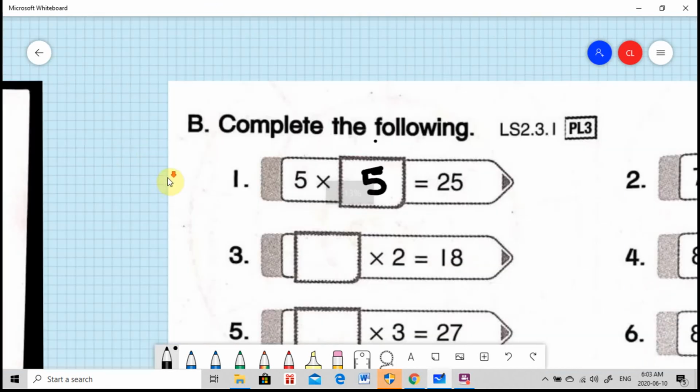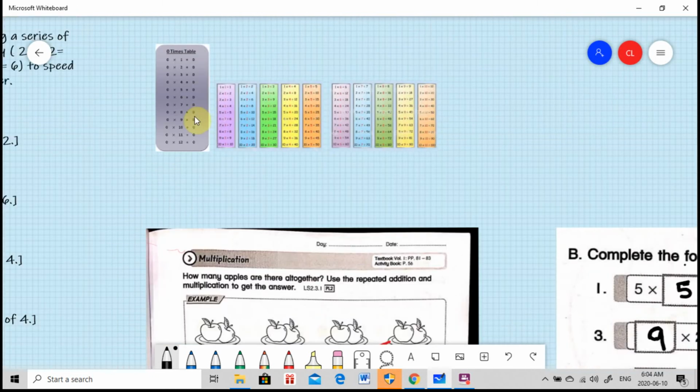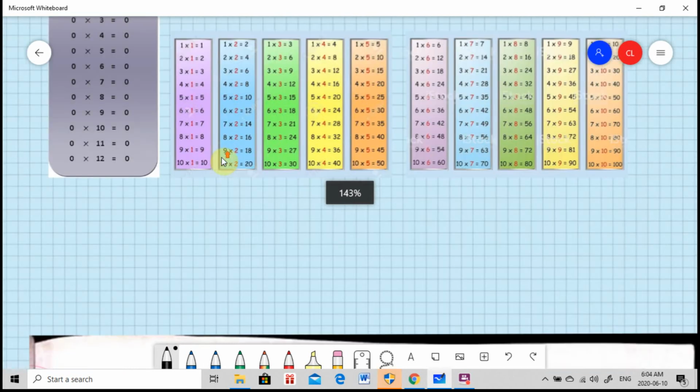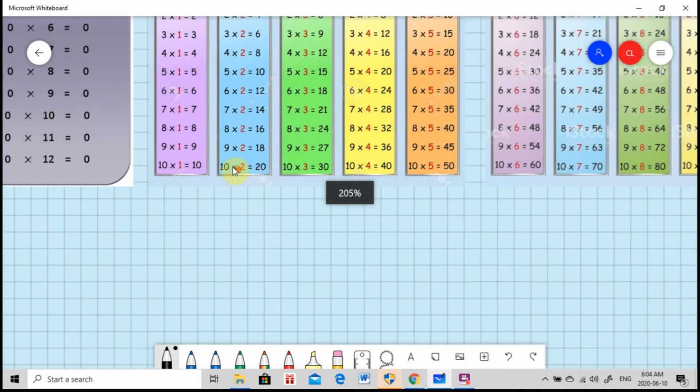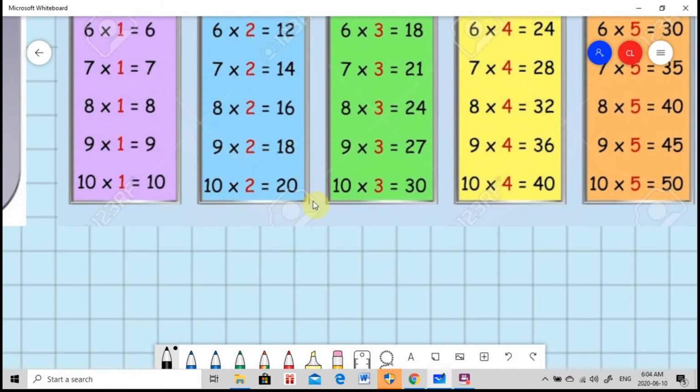Now, what number when we multiply by 2 gives us 18? Should be 9. Right? 9 times 2 equals 18. We can check over here. Right? 9 times 2 equals 18.